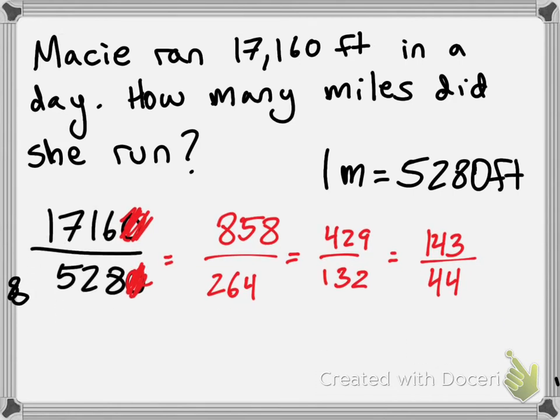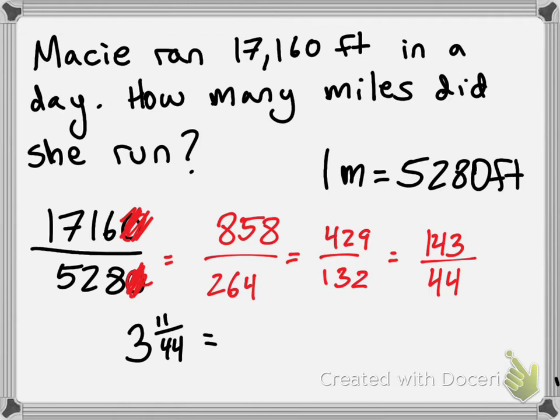Okay, so I had a question about the other thing. Just to make our lives easier, we find out that 44 goes into 143 how many times, Lucas? It goes in 3 times. 44 times 3 is 132. 132 subtracted from 143 gives me 11 over 44.